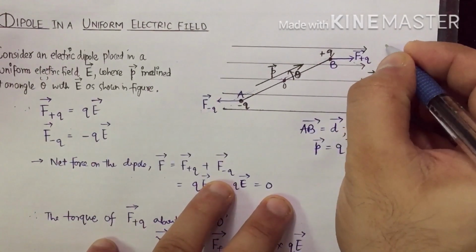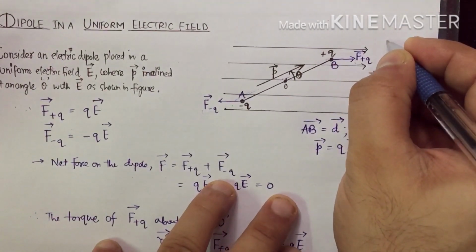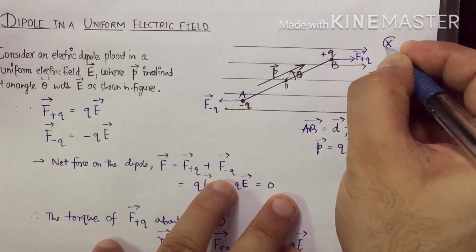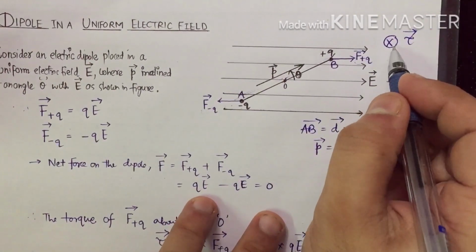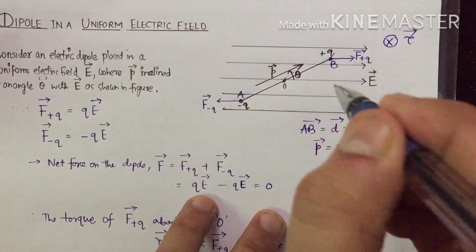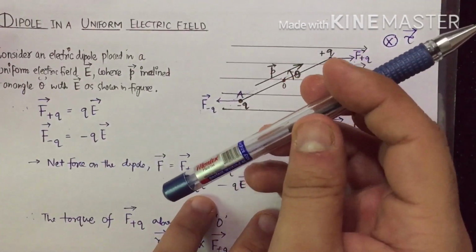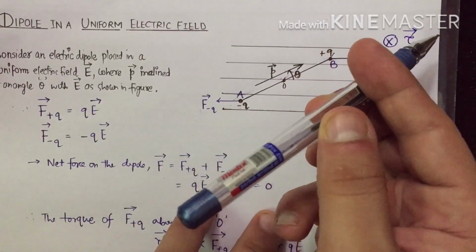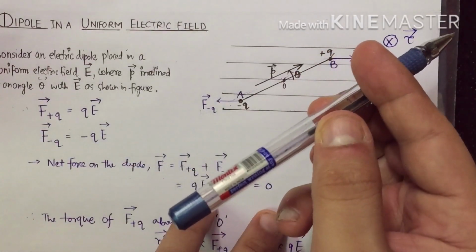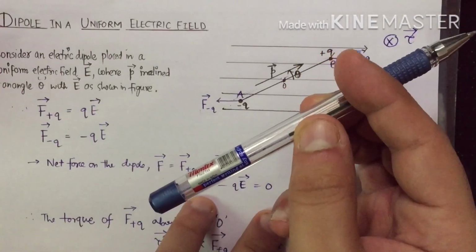So into the paper is represented by a cross. So the direction of the torque is into the plane. So this torque will rotate the dipole about the point O in the uniform electric field.